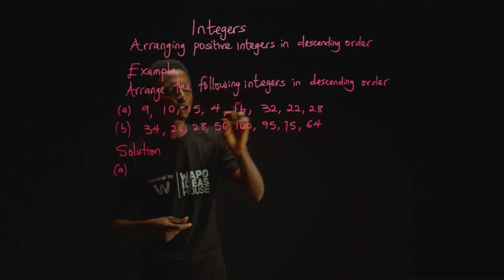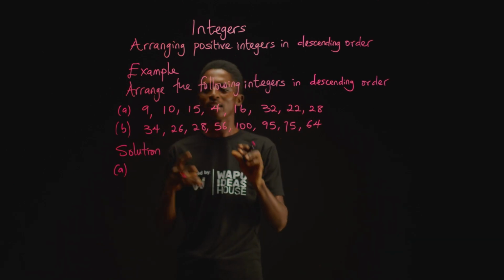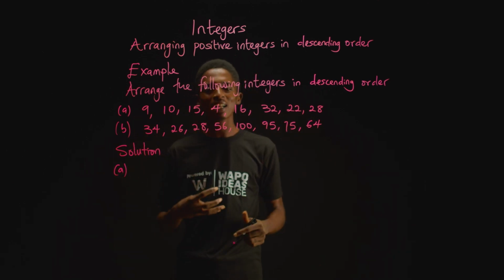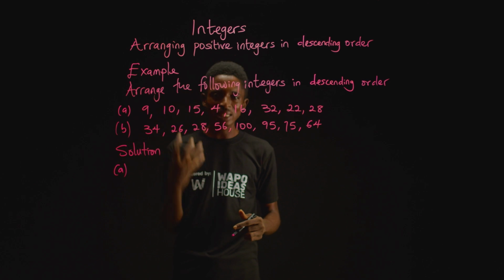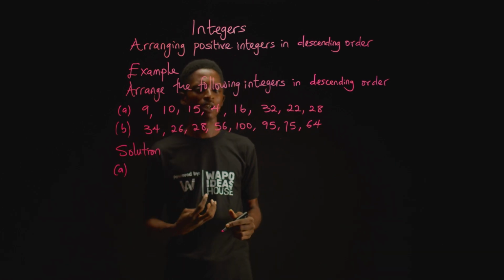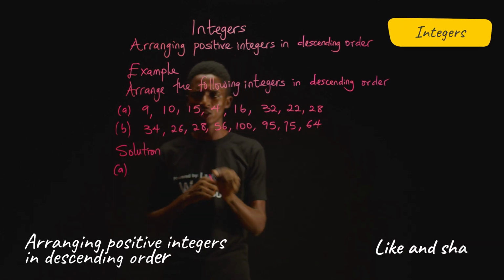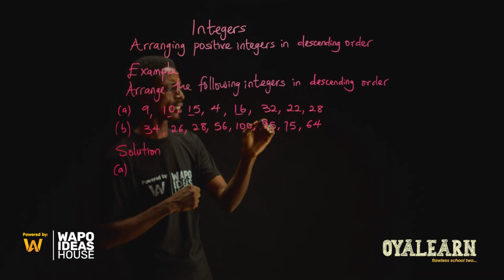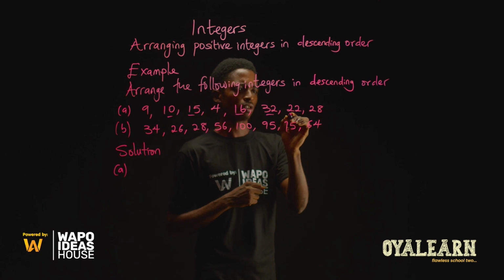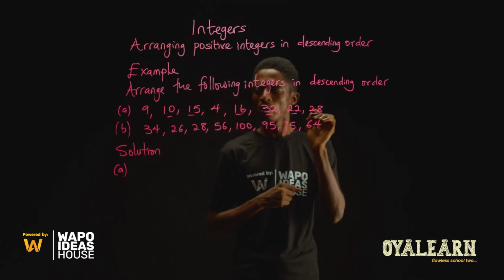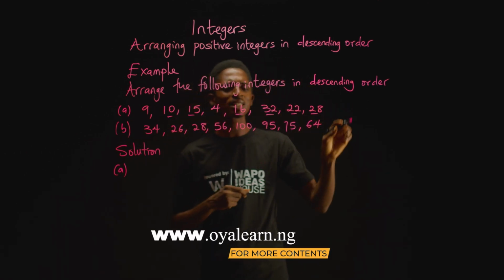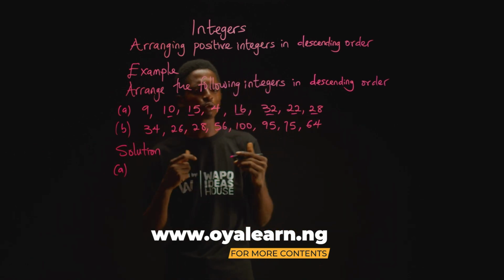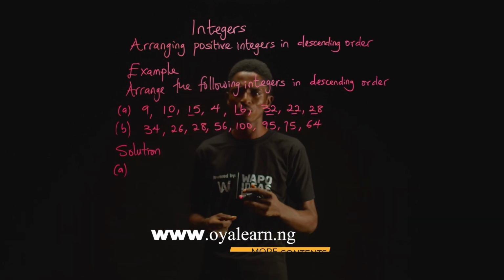We see that we have a mixture of 1-digit numbers and 2-digit numbers. And naturally, 2-digit numbers are bigger than 1-digit numbers. So let's identify first our 2-digit numbers. We have 10, 15, 16, 32, 22, and then 28. Of these numbers that we have highlighted, we have to look out for the one that has the highest value.